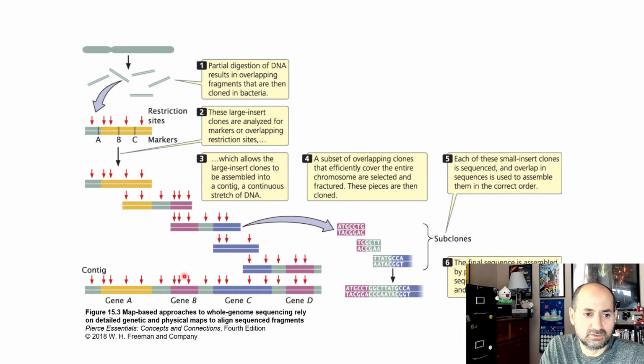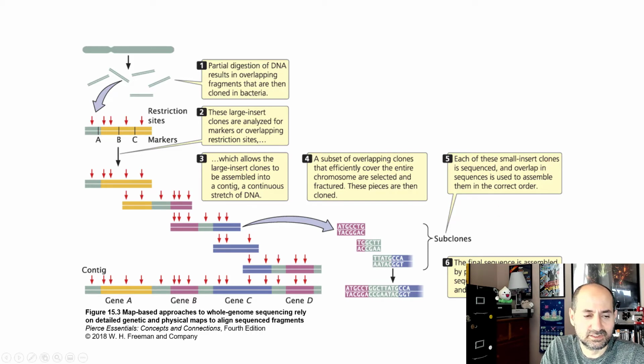So you see why this map-based approach might be tedious. You had to start with a chromosome, partially digest it, clone these parts, look for contigs, figure out how the contigs fit together, then digest it again into small pieces, into small clones, and then sequence those small clones.